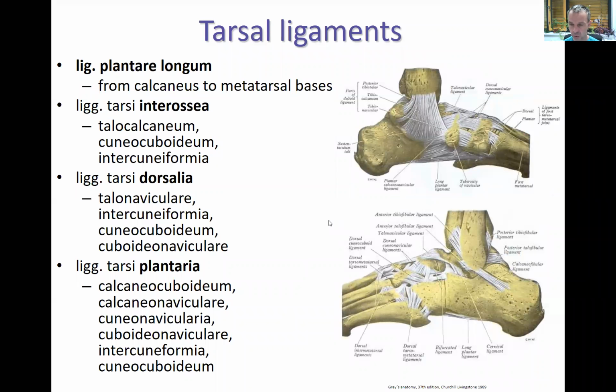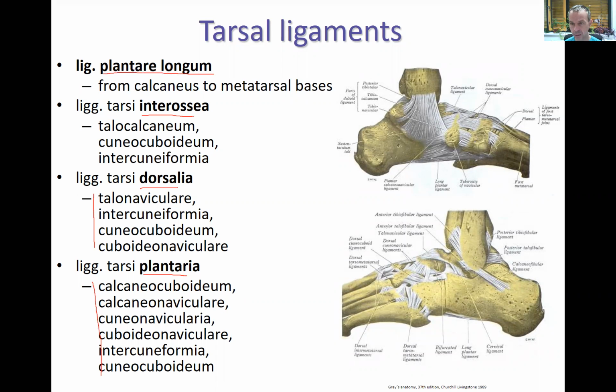Okay, now to conclude the ligaments of this distal area, we have the ligaments which are dorsal, which are plantar, and which are interosseous. And they are located in between the bones, so you can find the names here, but the names are just based on the bones which they interconnect. And then we have one ligament which is called the long plantar ligament.